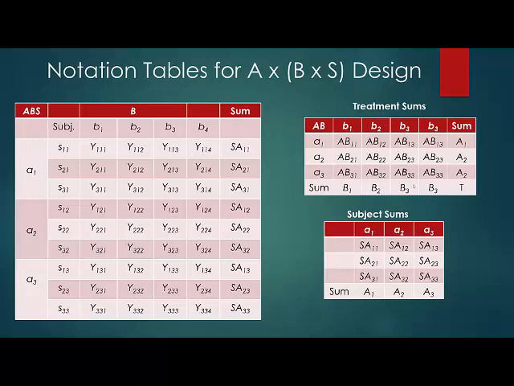And so for each of those people, we can see that last column labeled sum. This is where we add up each individual's scores across each of the 4 conditions. So we could add up the first person's 4 scores, and we get SA sub 11, SA sub 21, SA sub 31.